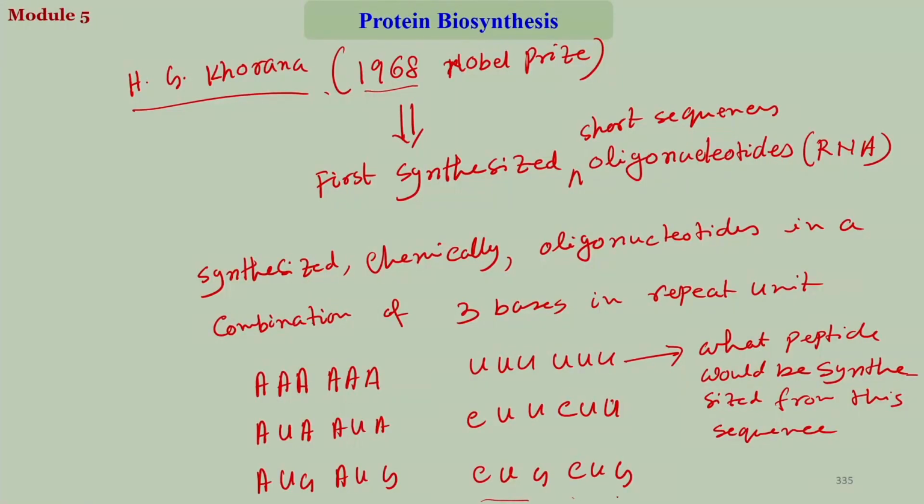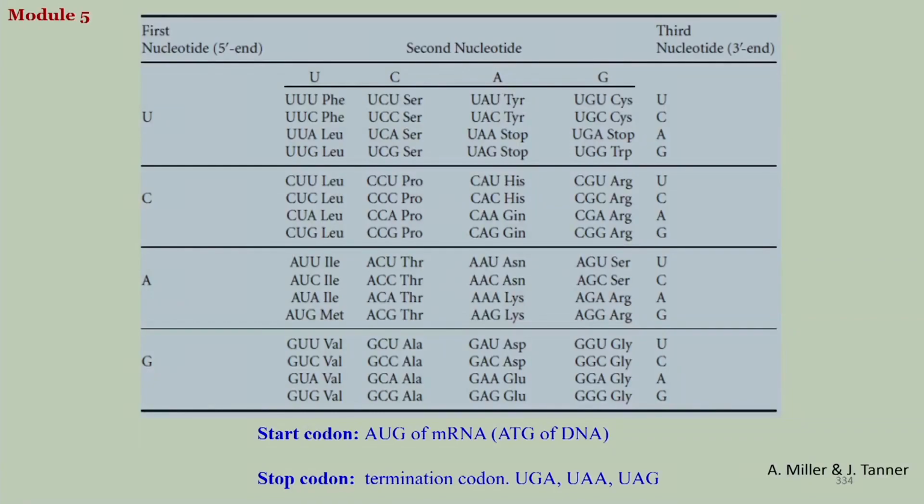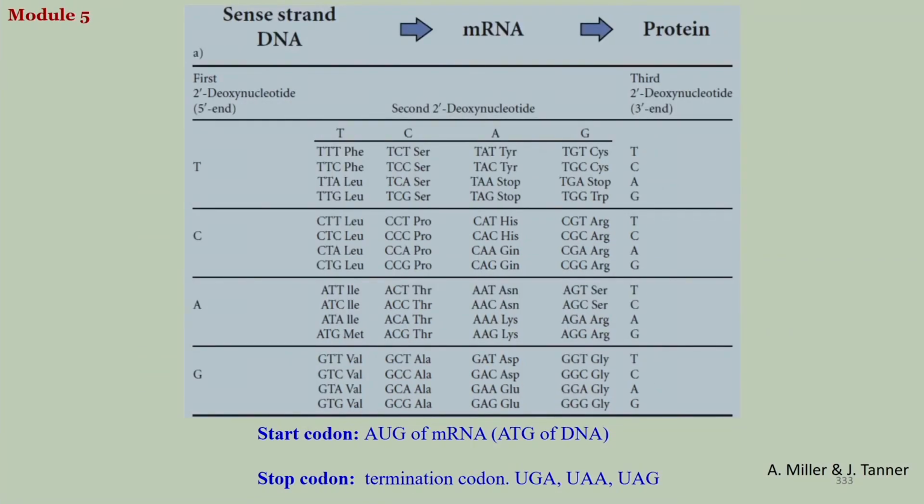So, you expect the same amino acid to appear again and again. So, it should be a homopolypeptide, and that is what he found, that using the repeat units the same amino acid was appearing. Whatever the amino acid is here, that would be here also, and that is how he found out the whole lot of the table, which is known as the codon table.